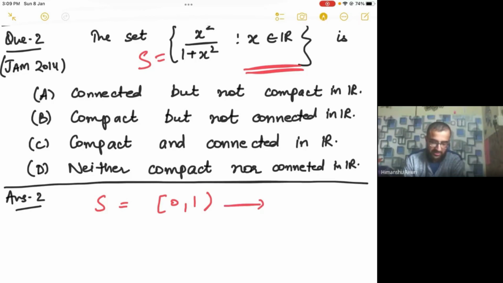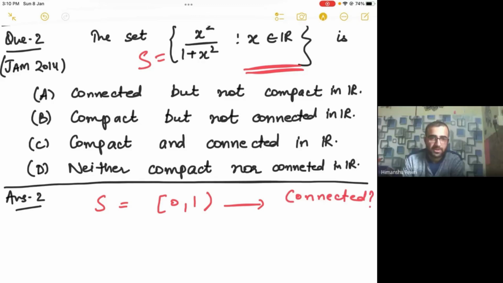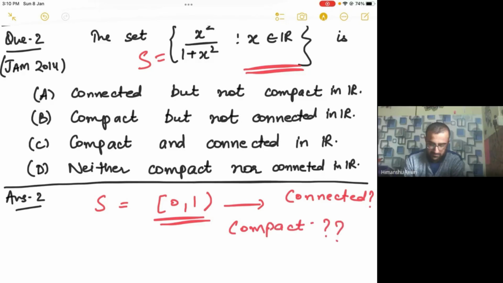Is this set connected? Yes, sir. Okay, so there is no gap between. This is an interval, that's why this is connected. And is this compact? No, sir, it's not closed. Why is this not compact?